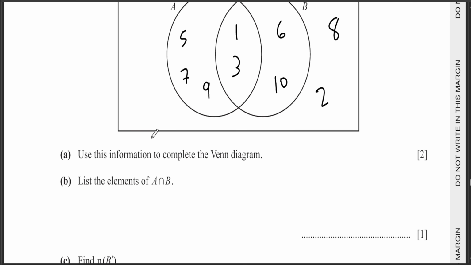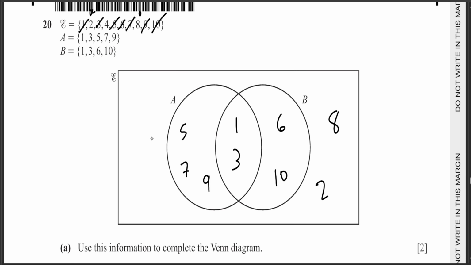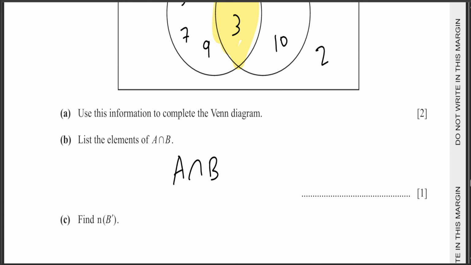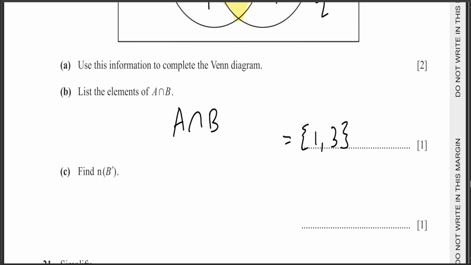Another question is asking for A intersection B. A intersection B is normally the one that is shared. So this one is your A intersection B. Its elements include 1 and 3. That is why it's just 1 mark.